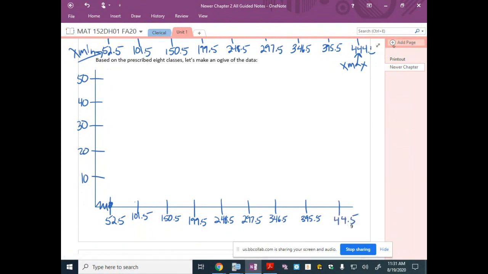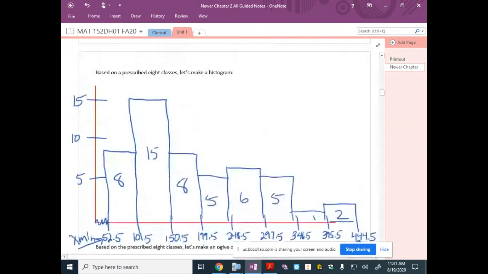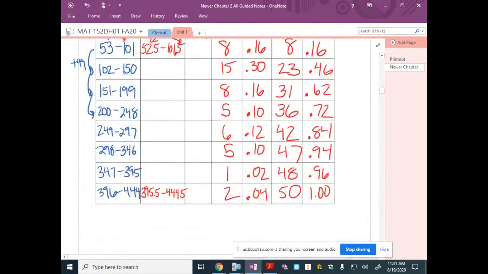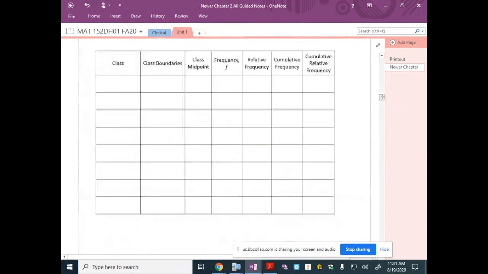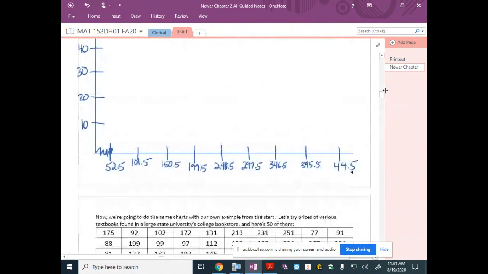So at 101.5, what was the cumulative frequency? It was 8. What would the next cumulative frequency be? Not 15, that was the actual frequency.